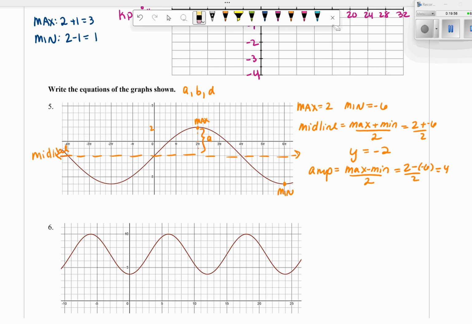Now I need to figure out what one wavelength is. One wavelength has 5 key points in one cycle. And remember the key points, what are those? They are the maximums, the minimums, and where the graph crosses the midline, or the intercepts if it's on the x-axis.